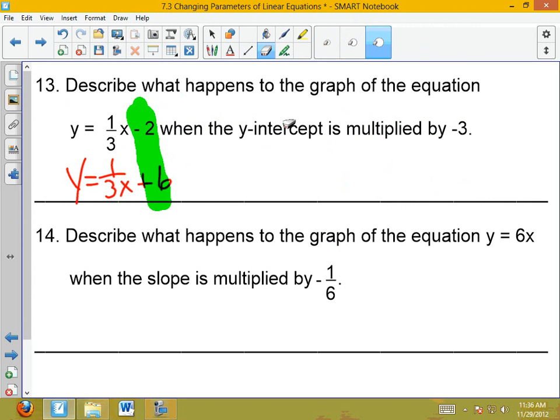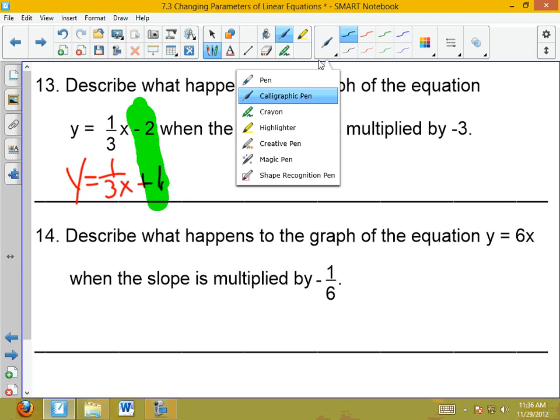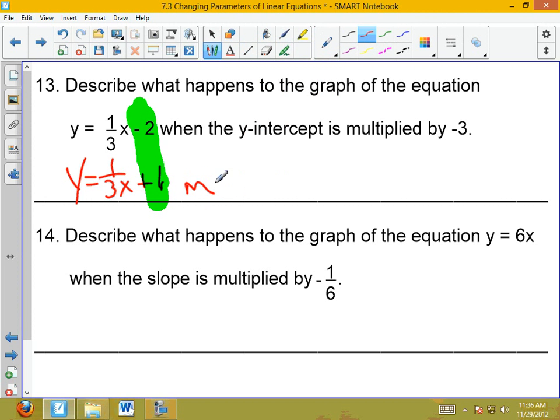It starts higher. So when you multiply the y-intercept by -3, my line starts higher. Okay? Starts higher because 6 is higher than -2.